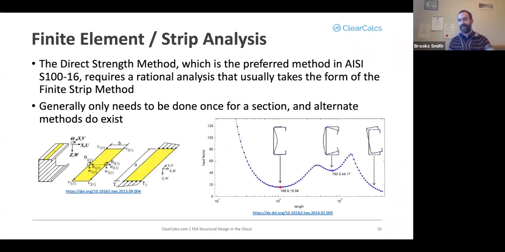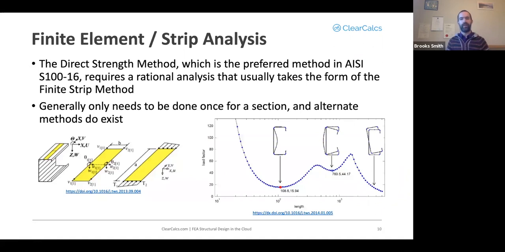We keep talking about finite element analysis. We're more likely to use a slight variant of that called finite strip analysis in cold form steel, but this is a preferred method in AISI S100. When you use the direct strength method, you're required to use a rational analysis. Usually that will take the form of the finite strip method.